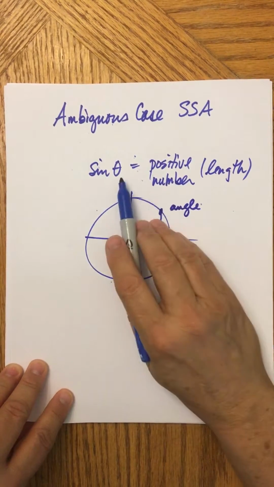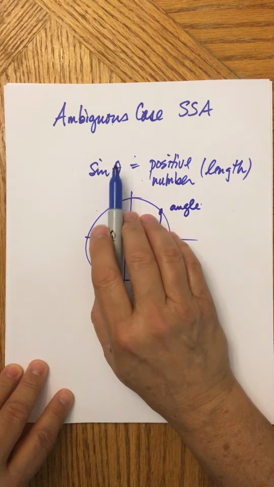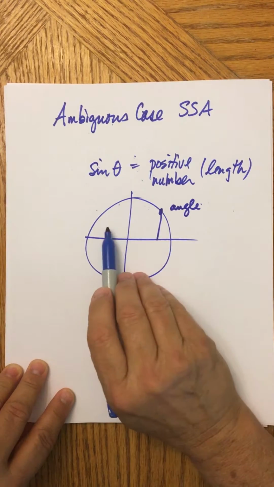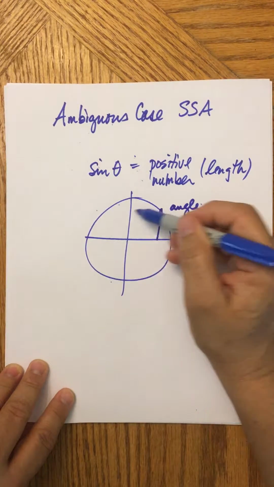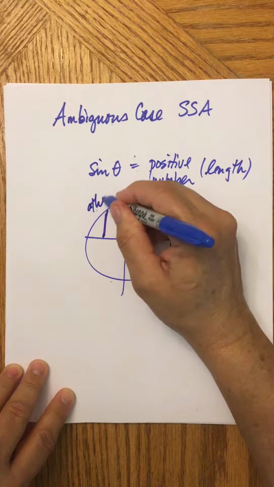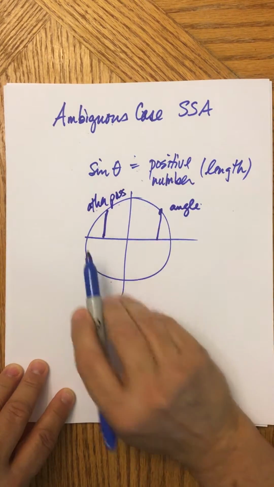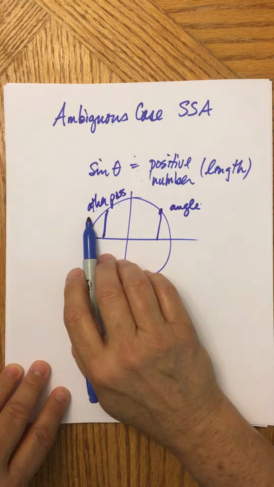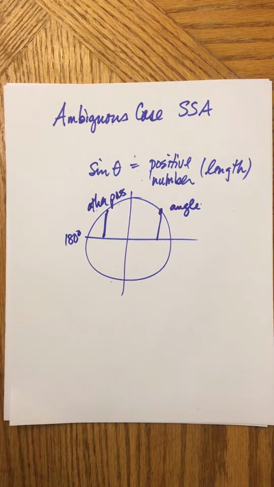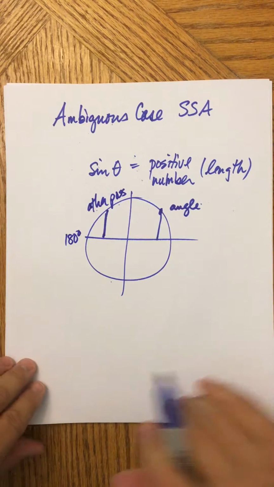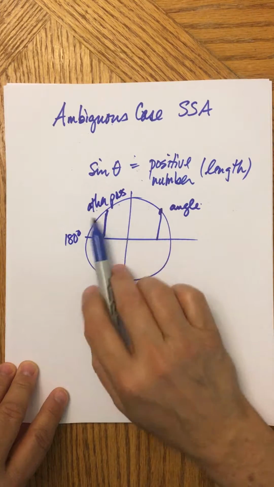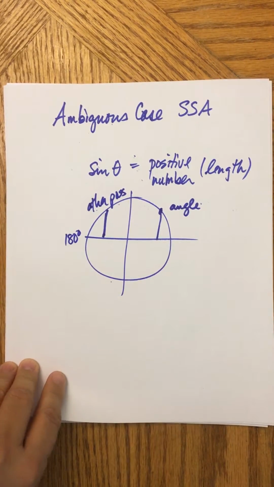But sine, remember, this question that you're asking is for what angle is the y-coordinate this positive length? Well, there's another answer here in quadrant 2 somewhere, which is a reflection here. So here's another possibility. And that's another angle. And since both of these angles are less than 180 degrees, and the sum of all three angles in a triangle has to be 180 degrees, sometimes it's possible to have one triangle or two triangles or no triangles. That's what ends up happening.